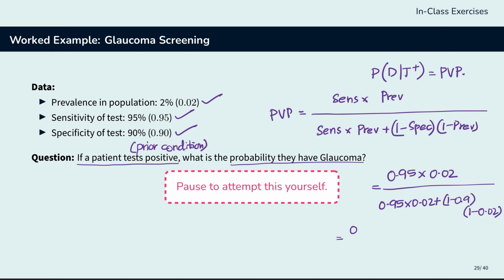So which becomes 0.95 times 0.02 divided by 0.95 times 0.02 plus 0.1 times 0.98.